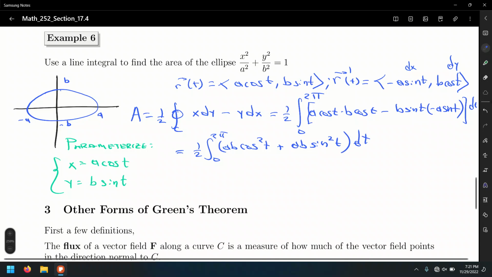We can take the ab out of the integral because those are constants. So that's 1/2 ab times the integral from 0 to 2 pi of cosine squared t plus sine squared t dt. And that's an identity that equals 1.